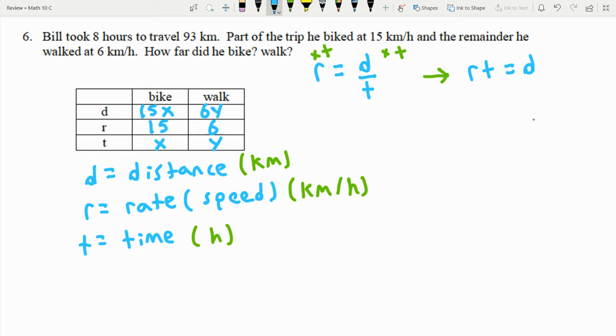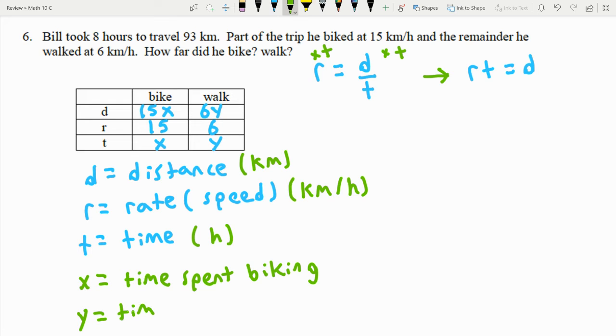So if I want to clarify this more, I would say x equals time spent biking, and y would equal time spent walking.